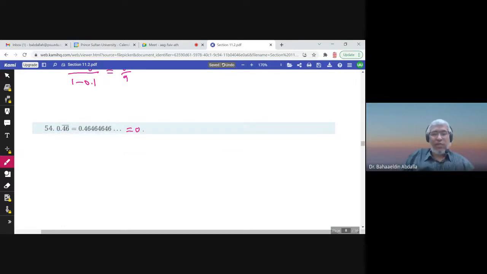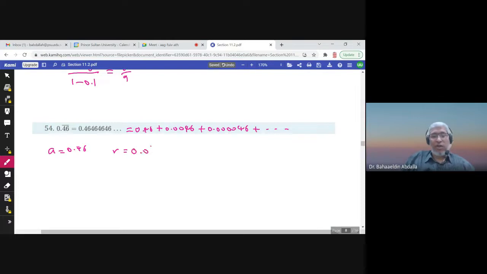Also here I can do it similarly. I can start with 0.46, adding the second 0.46, then the next 0.46 and so on. So a is 0.46 and r, if you divide 0.0046 by 0.46, you will get 0.01.